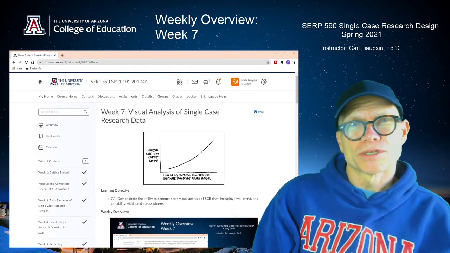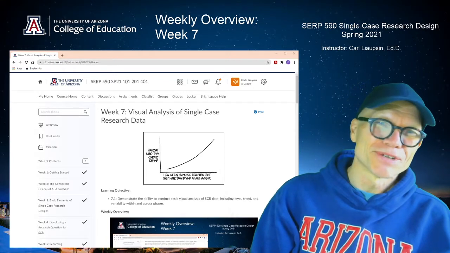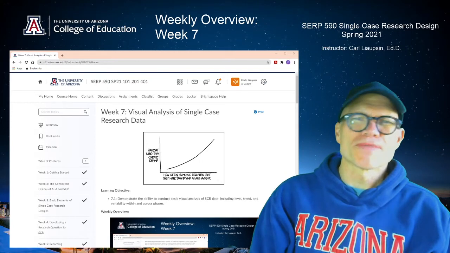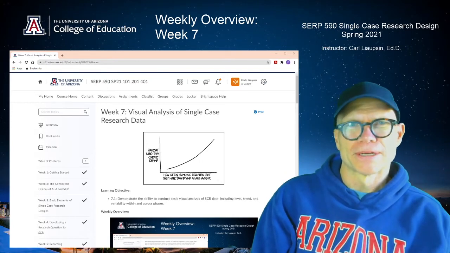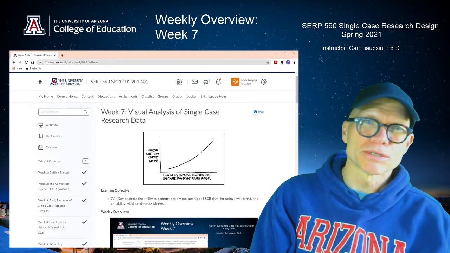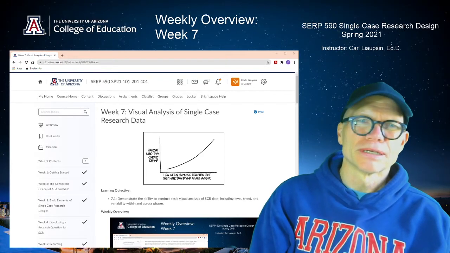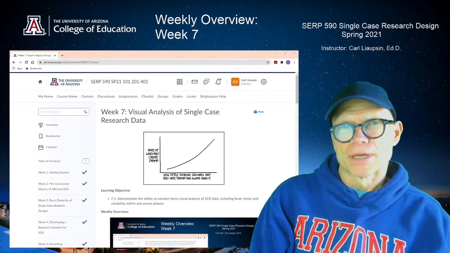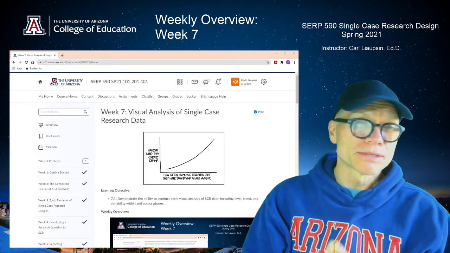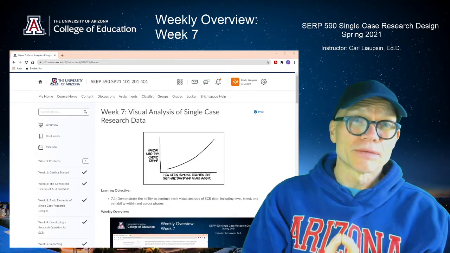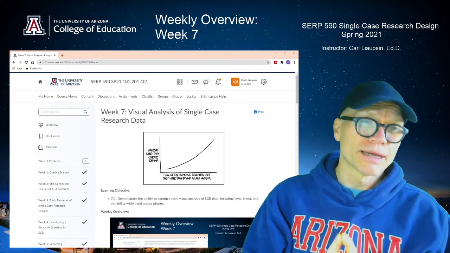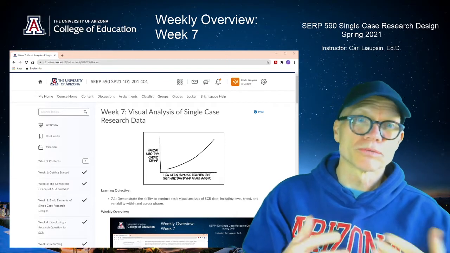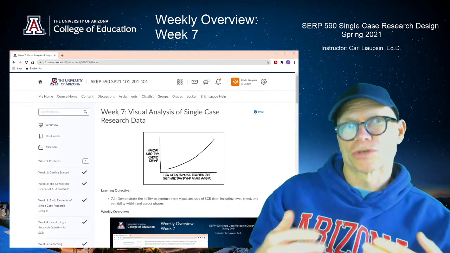What we're going to do this week is one of my favorites. I am a data nerd, but more than that, I am a graphic nerd. All of my research has been done, just about all of it, in single case research. And when I am on a study, and if I am not the first author, often I am the person who is helping the student or the other researcher with the structure of the design.